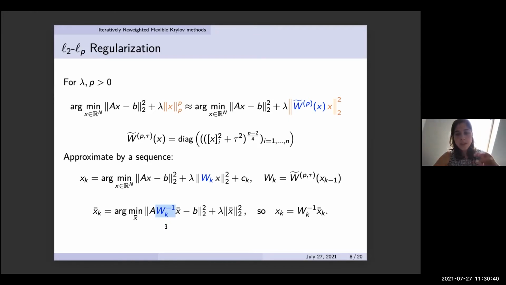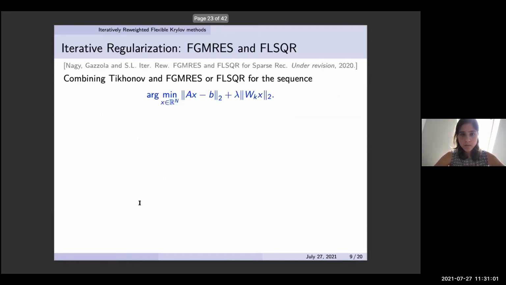So if at each iteration we updated these weights, instead of a sequence of problems, you can think about it as having one problem where my preconditioner changes. So when you have this scenario, you can use flexible Krylov methods, which are an extension of Krylov methods that allows for preconditioning that changes at each iteration.